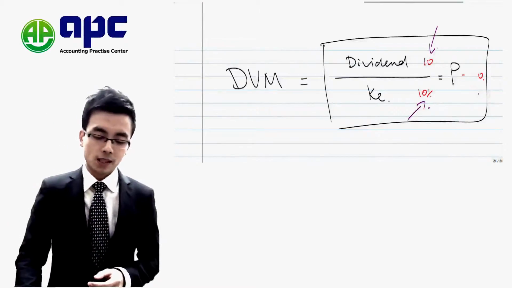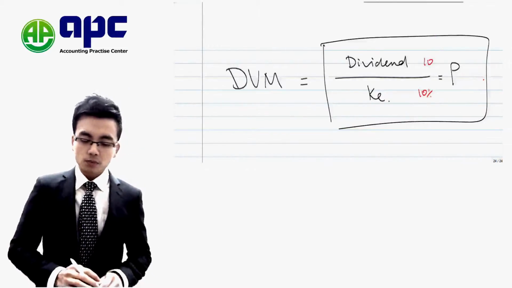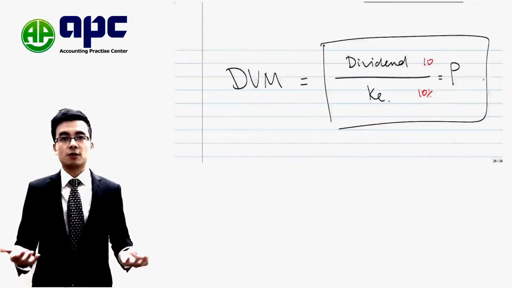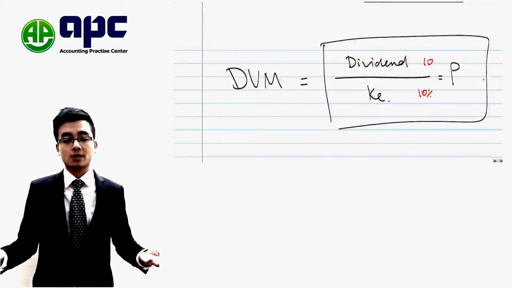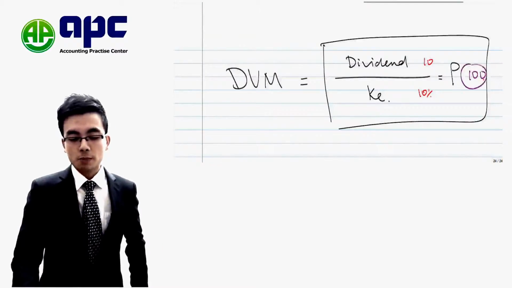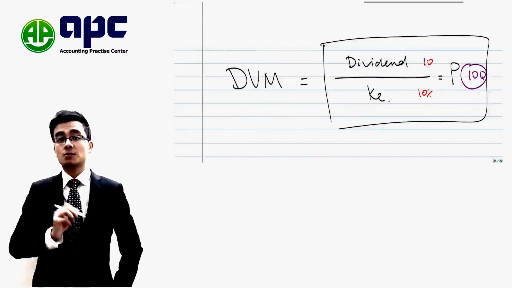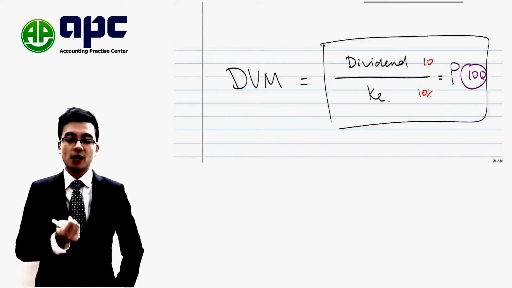If we decide to get $10 of dividend from the company, and our required return is 10%, then the price of the company is 100, because we simply take 10 divided by 10%, giving us 100.